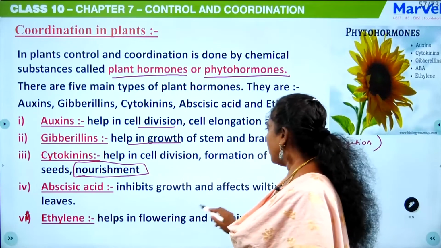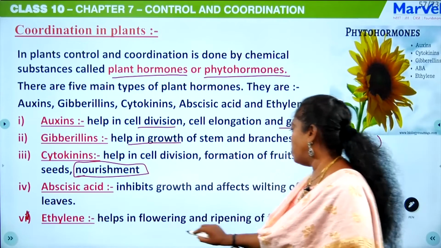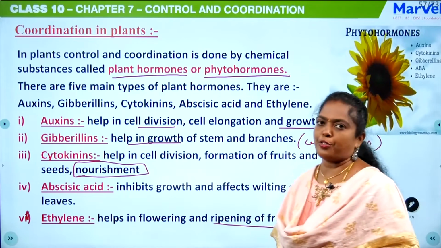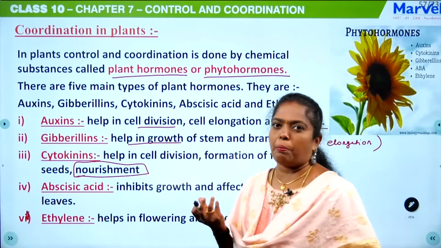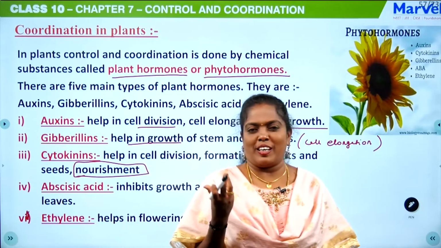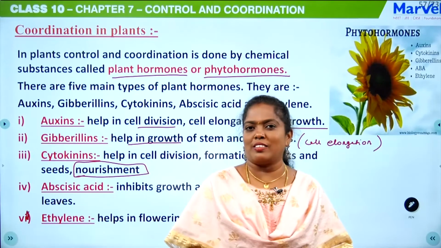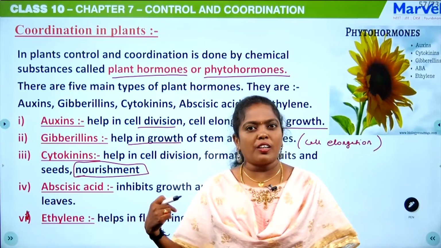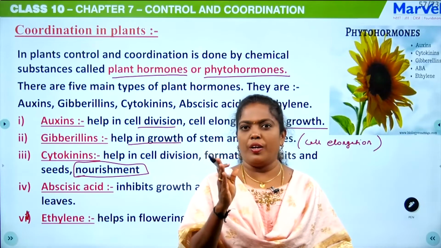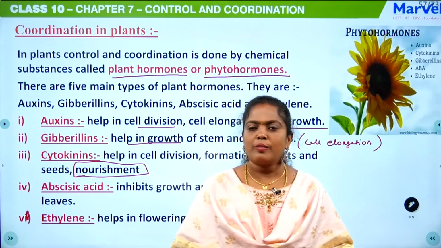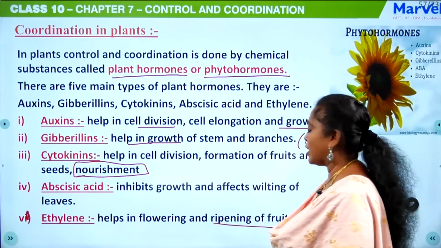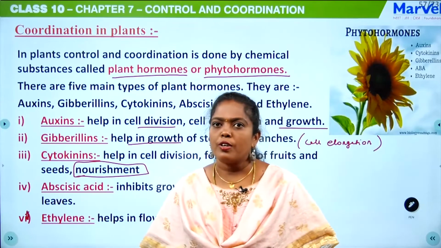Then ethylene helps in flowering and mainly ripening of fruit. The fruits are ripening. For us the ripening may be very good if we like ripened mangoes rather than raw mangoes. But according to the plant, the ripening is senescence, that is, they are old. They are old age, that's it. So this ethylene will help in flowering and also in ripening of fruit.